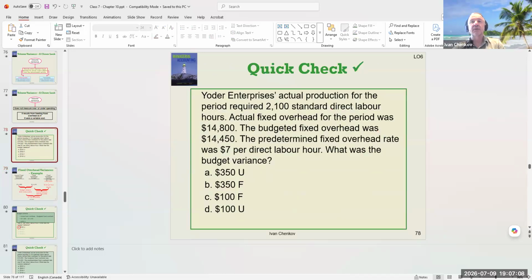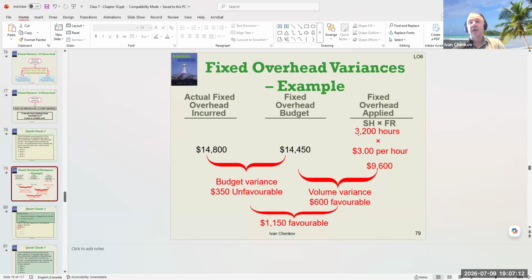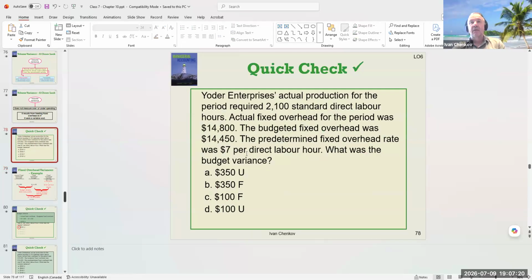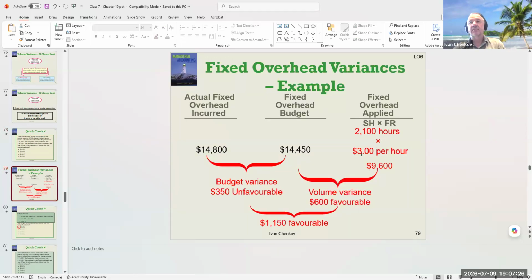With this other side, we're calculating that the standard direct labor hours are 2,100, and our predetermined overhead rate per direct labor hour was $7.